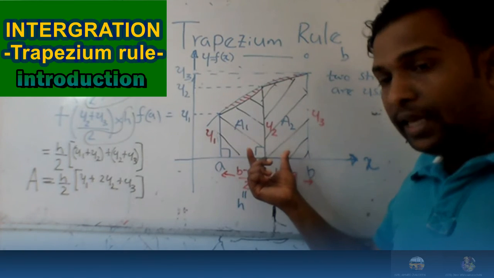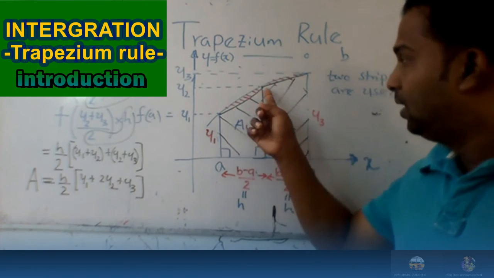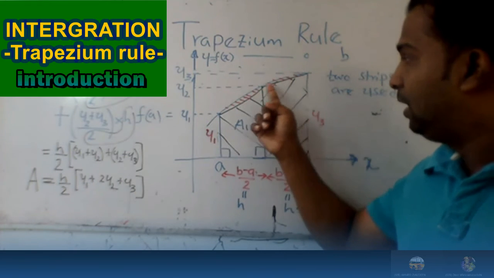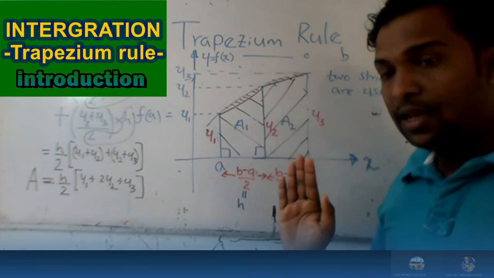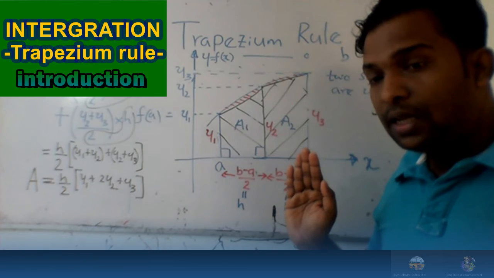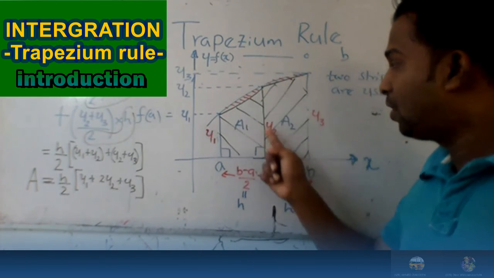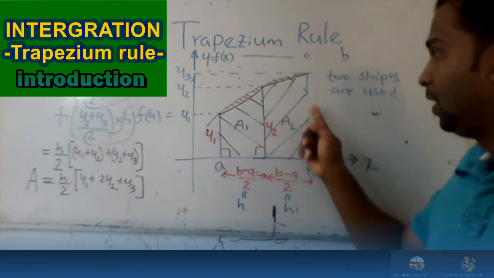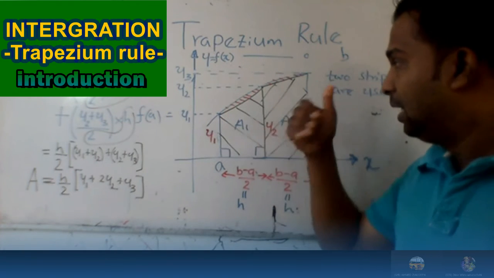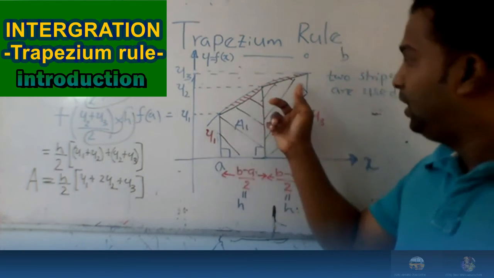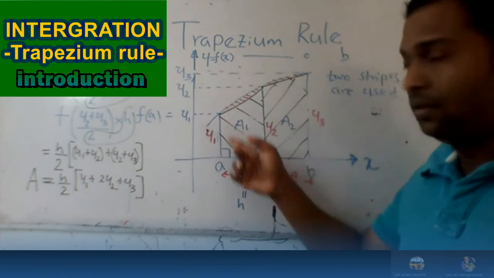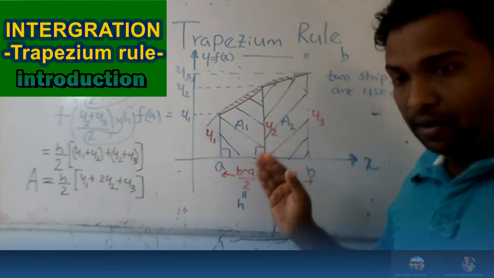But in that case, we observed that these red shaded areas are not included in the areas of these trapeziums, but they are there in the area under the graph, right?